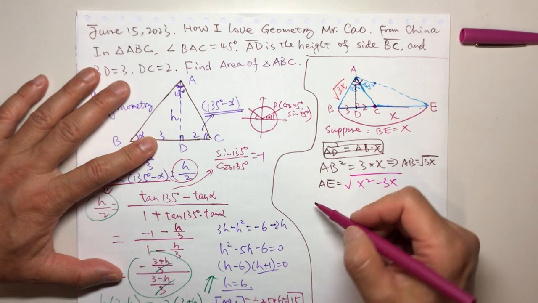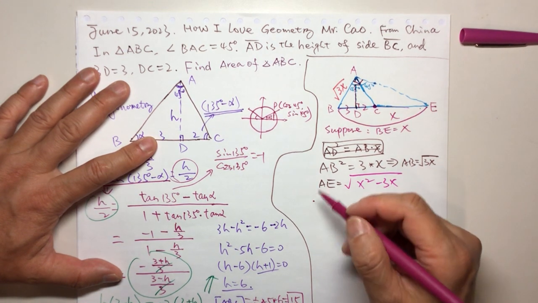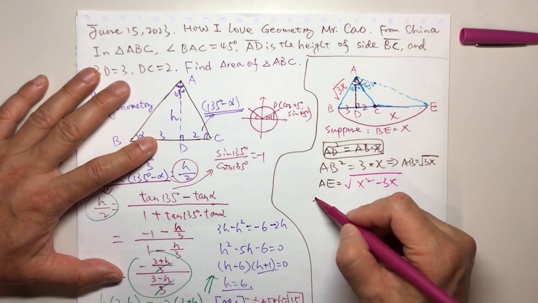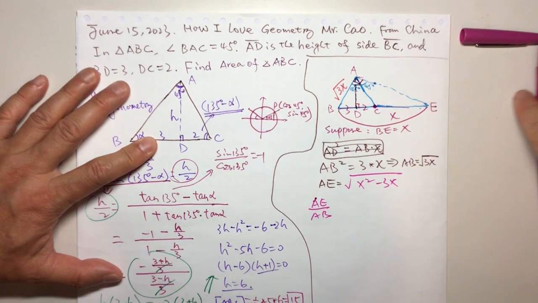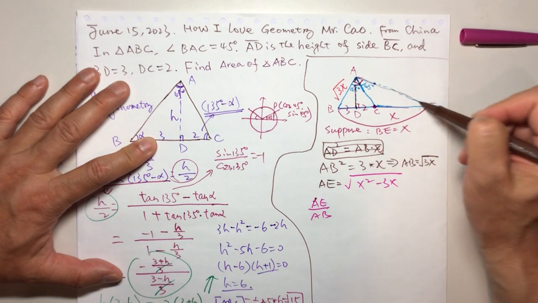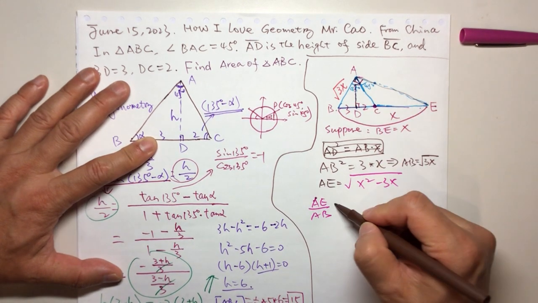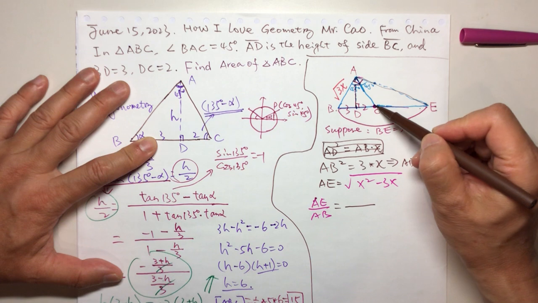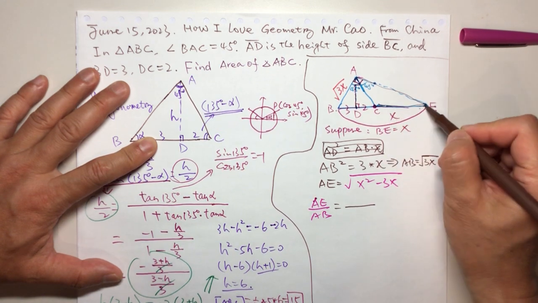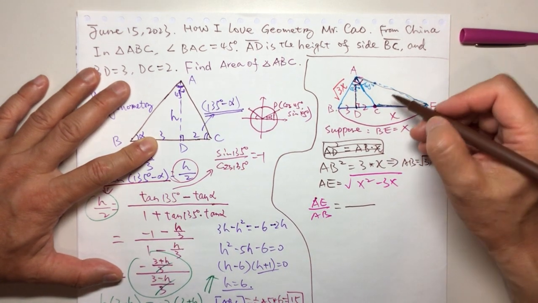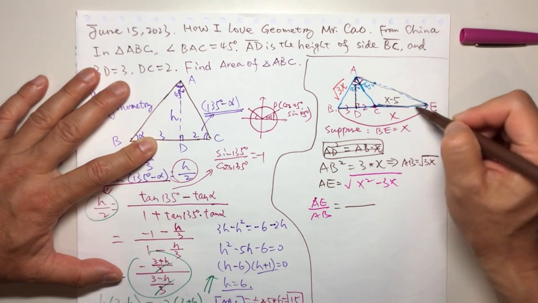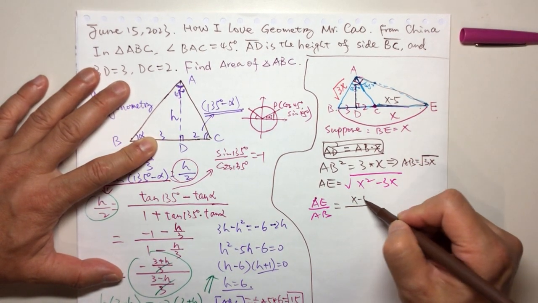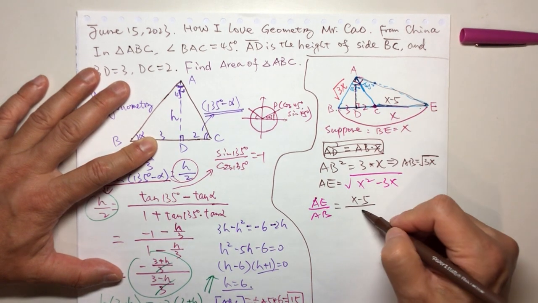So we know AE over AB, this side to this side, equals CE over this one, that's x minus 5 over 5.